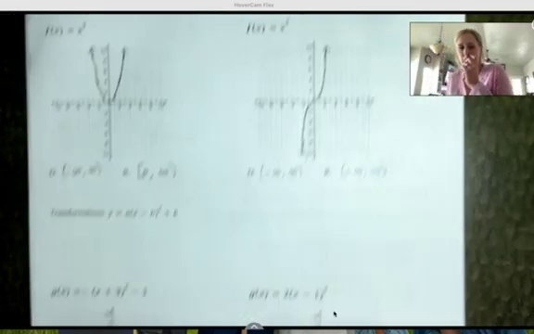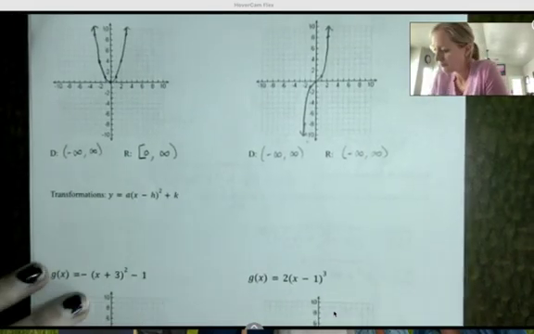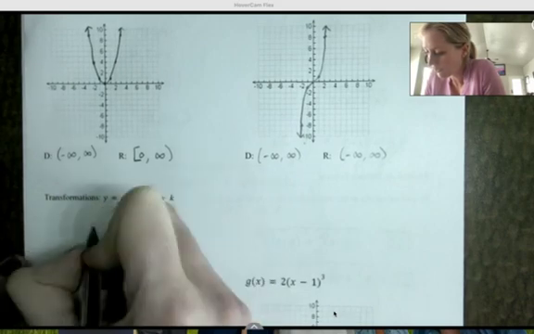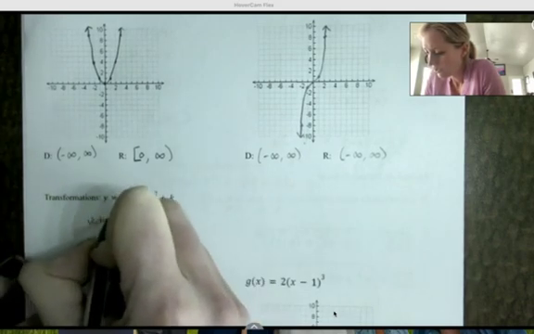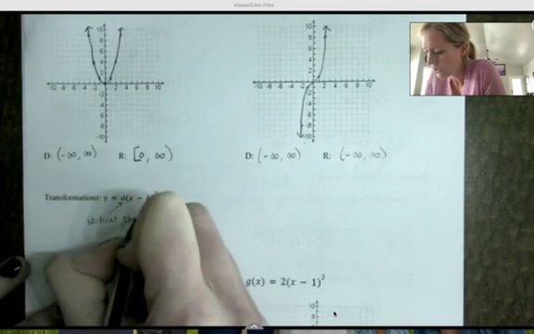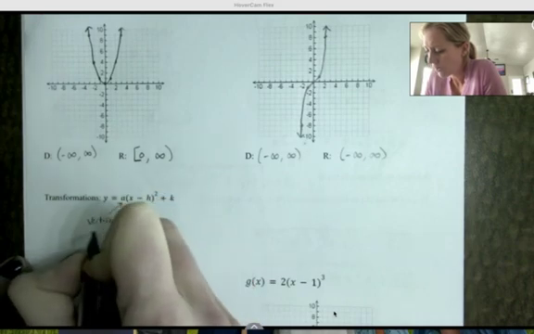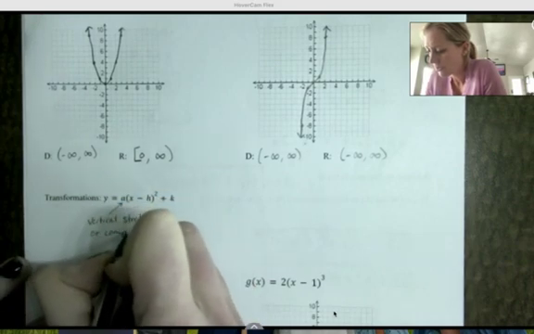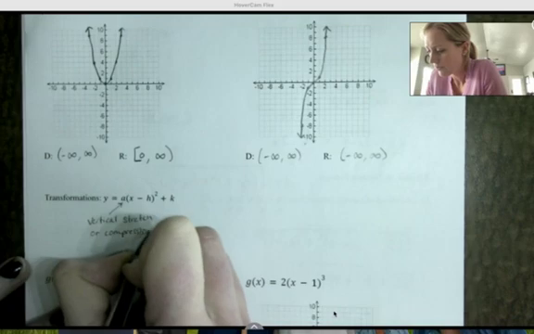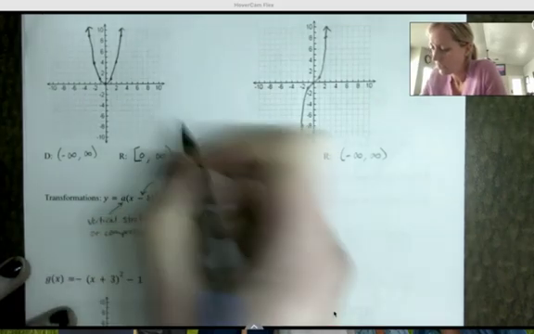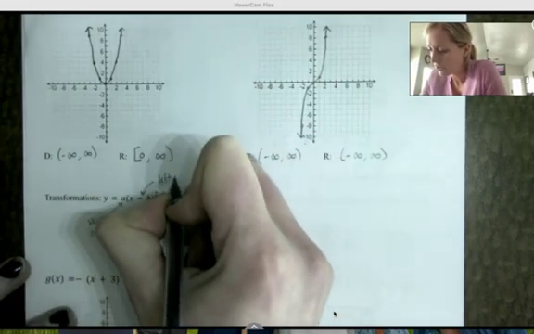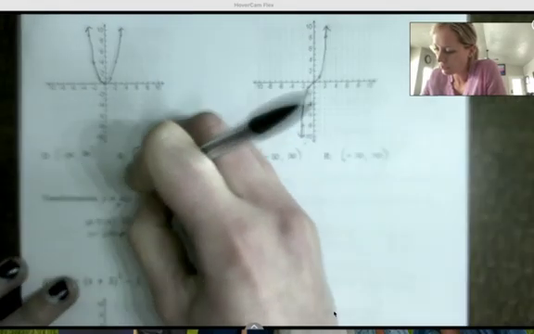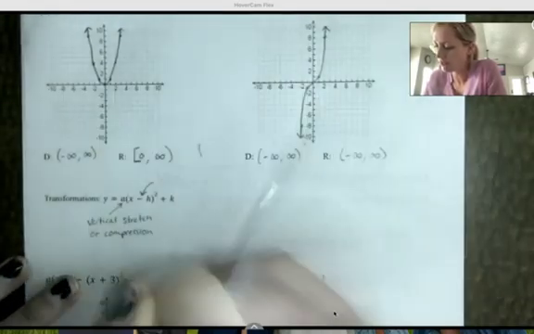Okay, so remember transformations. This is a vertical stretch or compression. This is a horizontal shift.